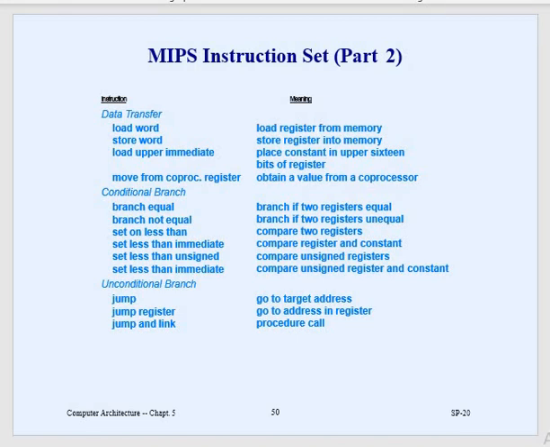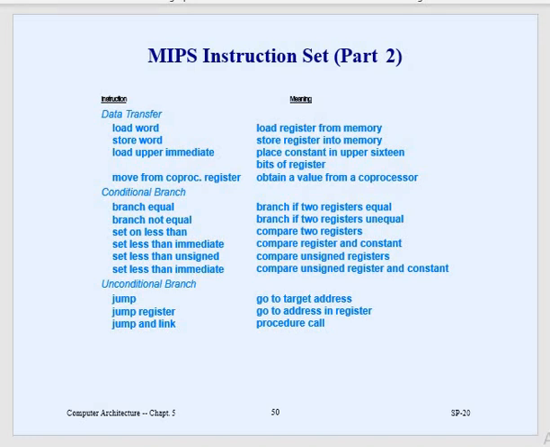Set less than unsigned compares unsigned integers, and set less than immediate unsigned compares an unsigned register and a constant. So this is a complete business package, you can say, these MIPS instructions.